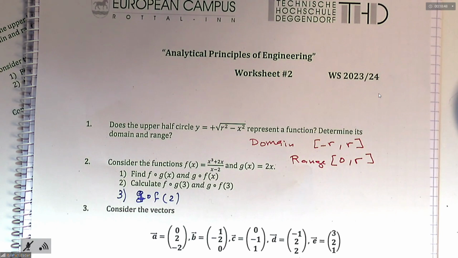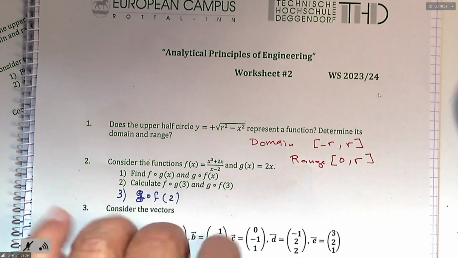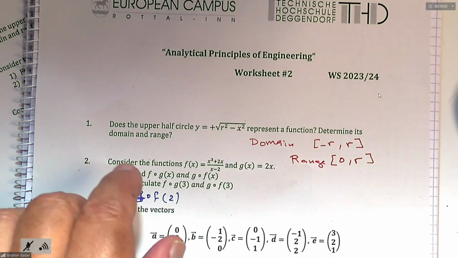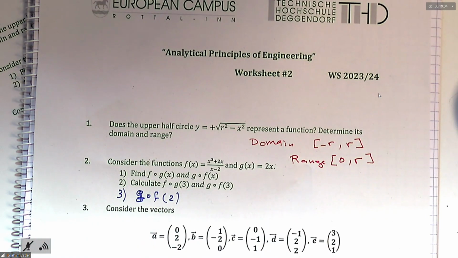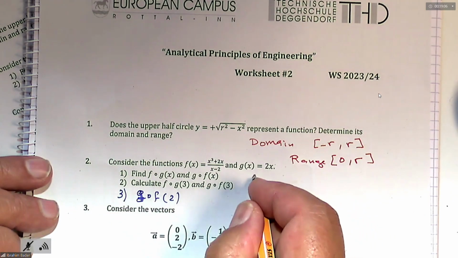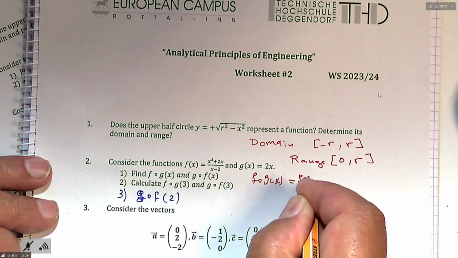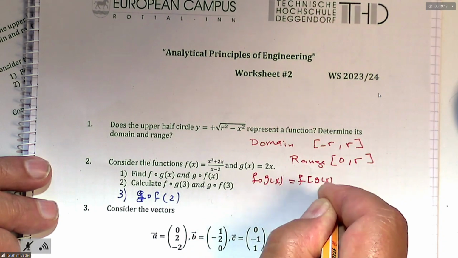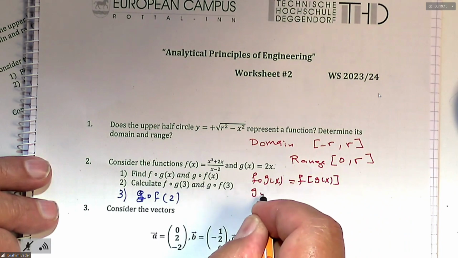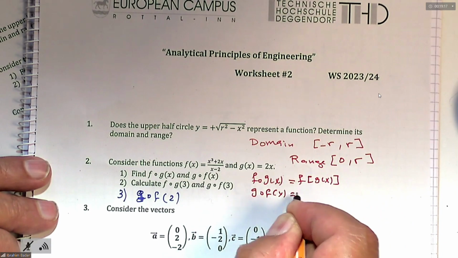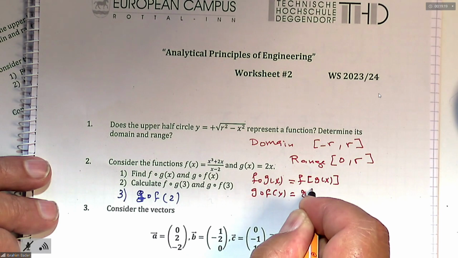Okay, so start evaluating the composition function in part 1, f composite g of x. Let me write it here again. f composite g of x equals f of g of x, and g composite f of x is g of f of x.